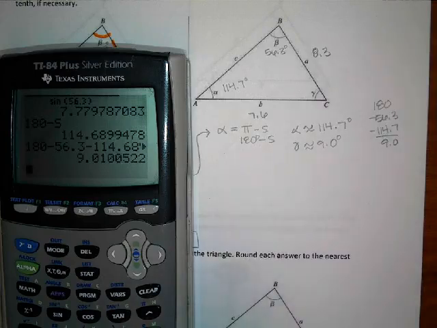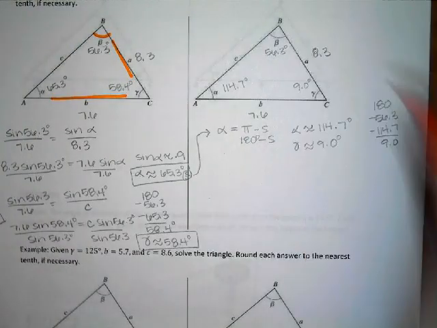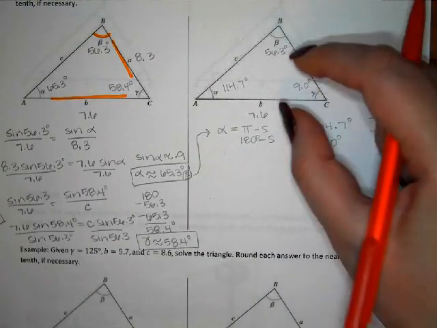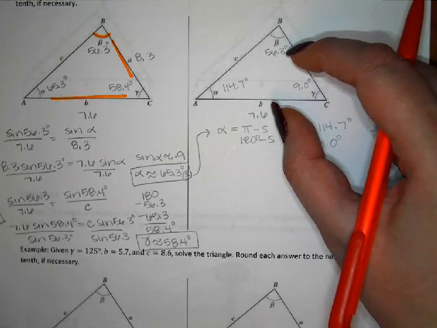Okay, so now I'm going to go back to that first pair that I had, the sine 56.3 over 7.6, and I can use that to find my last piece of missing information, which is the side across from gamma in this triangle.